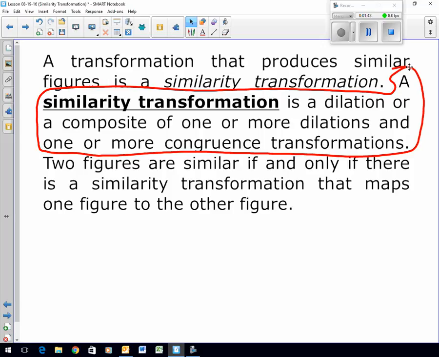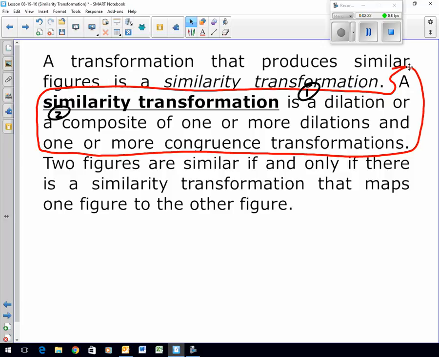A similarity transformation is one, a dilation, or two, the composite of one or more dilations and one or more congruence transformations. Two figures are similar if and only if there is a similarity transformation that maps one figure to the other. That's pretty much today's lesson in one sentence, right?